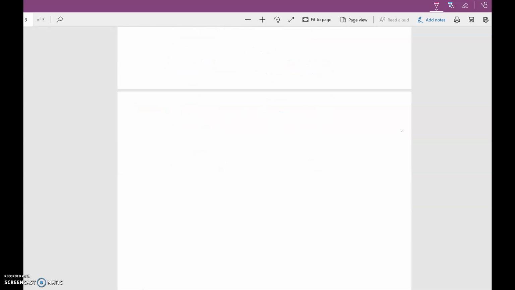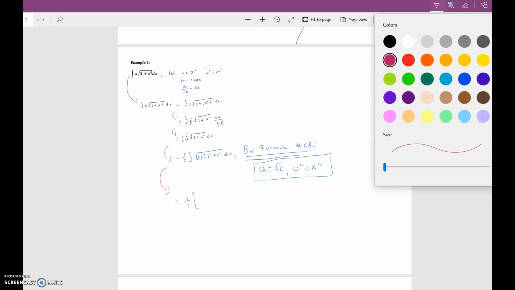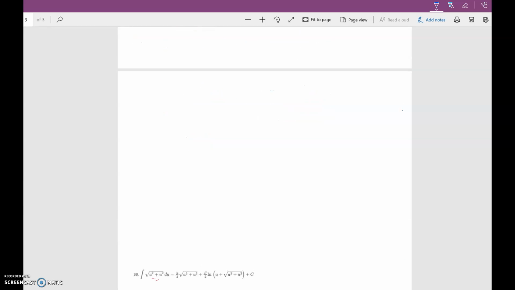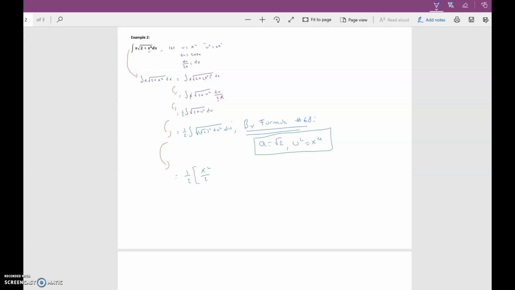Now, the formula starts by expressing it as u over 2. So u over 2 will be x squared over 2. And then we have the square root of a squared plus u squared, so basically 2 plus x to the fourth, and then your u squared is x to the fourth.